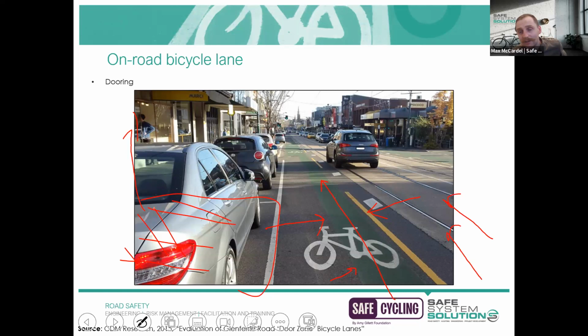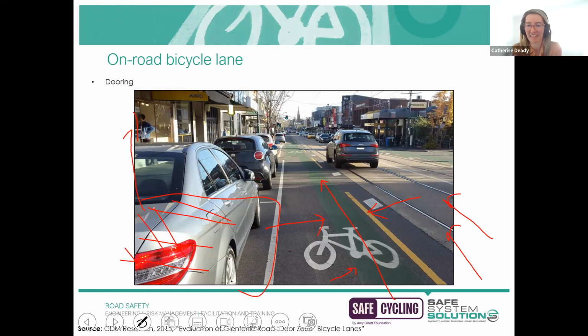But my advice there is really just relying on literature and having those open conversations with your business owners in those scenarios, and what the alternatives are for them and their customers to access that space, because not everyone will ride a bike, so just trying to have that open dialogue.